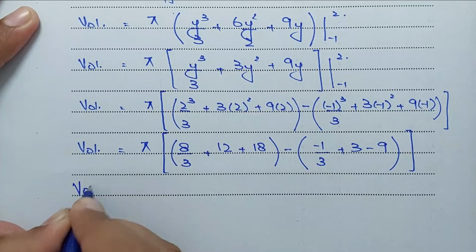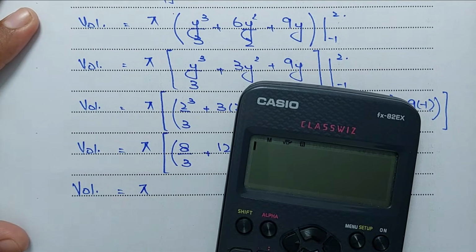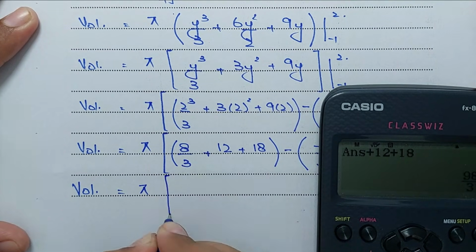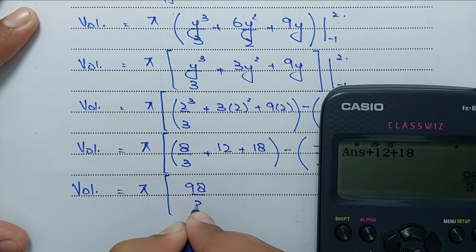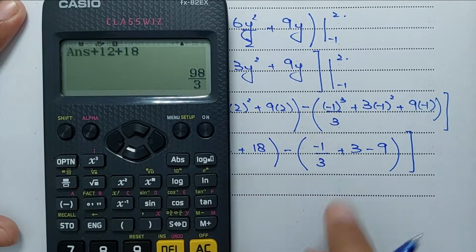Now the volume in terms of pi becomes 8 over 3 plus 12 plus 18, which is 98 over 3, and we have a minus sign outside.